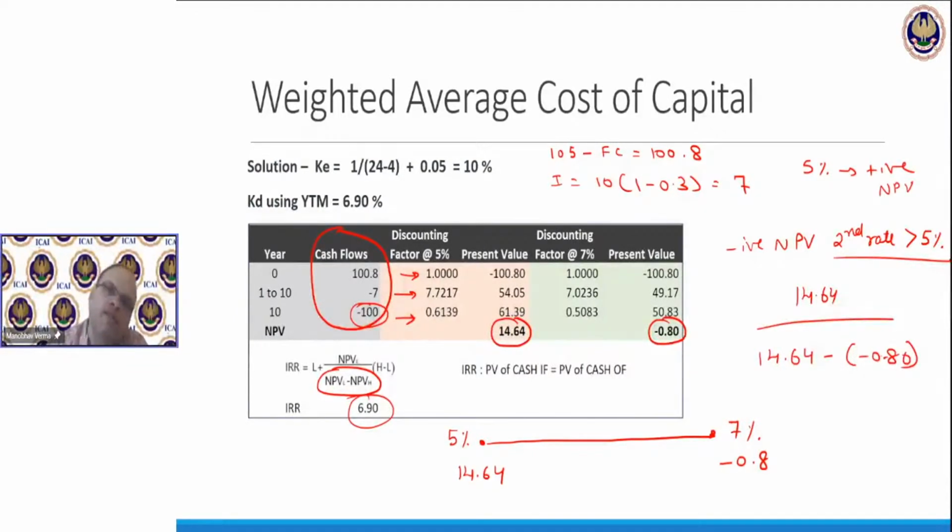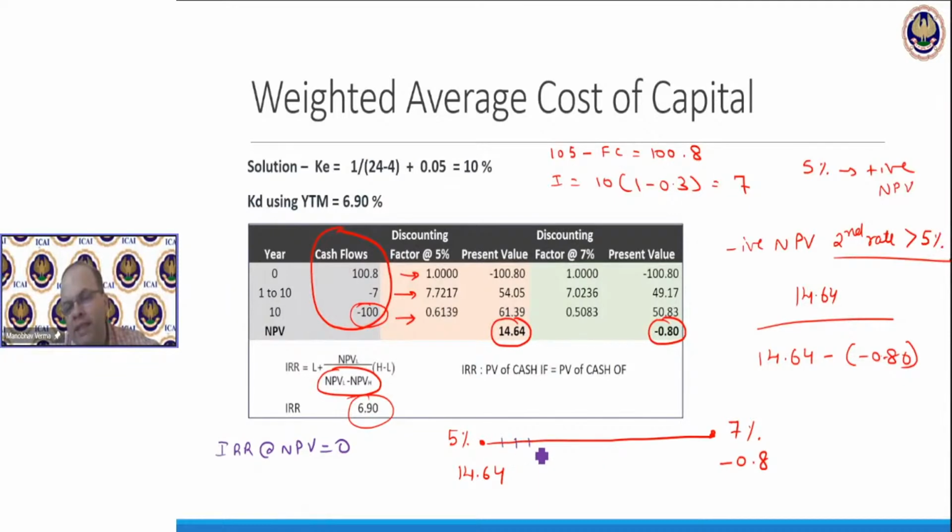My question here is, if at 5% NPV is 14.64 and at 7% is minus 0.8, can you tell me, guys, because IRR is the rate at which NPV is 0, will the IRR be closer to 5% or 7%? Because on the left-hand side you have 14.64, on the right-hand side is minus 0.8.